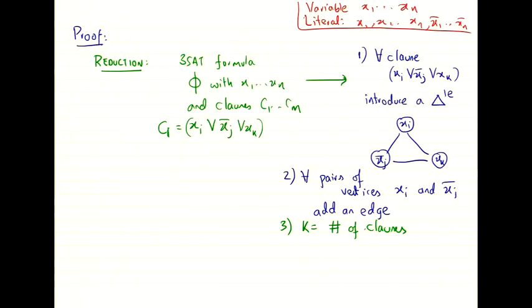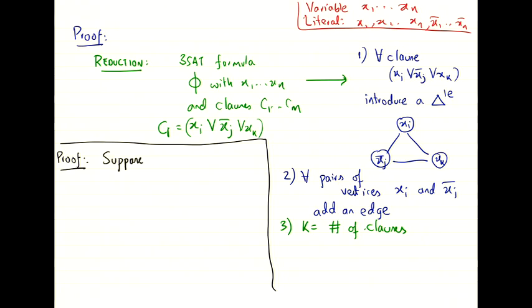So let me describe the proof of the reduction. In order to prove the reduction, I need to prove the following things. So suppose x1 through xn is a satisfying assignment.